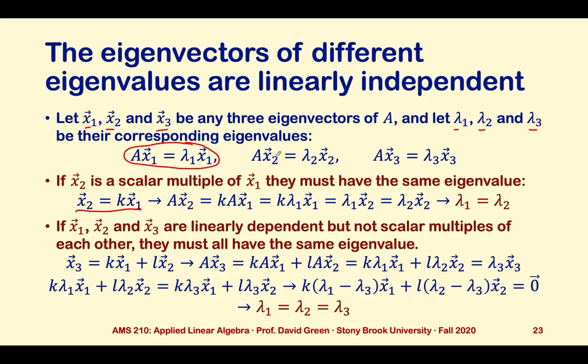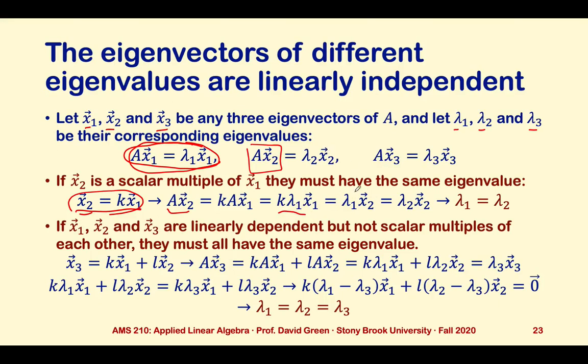Then we start with A times x2, and substitute in k times x1. This gives us k A times x1. But A x1, by the eigenvalue expression, has to be lambda 1 x1, so we substitute that here.